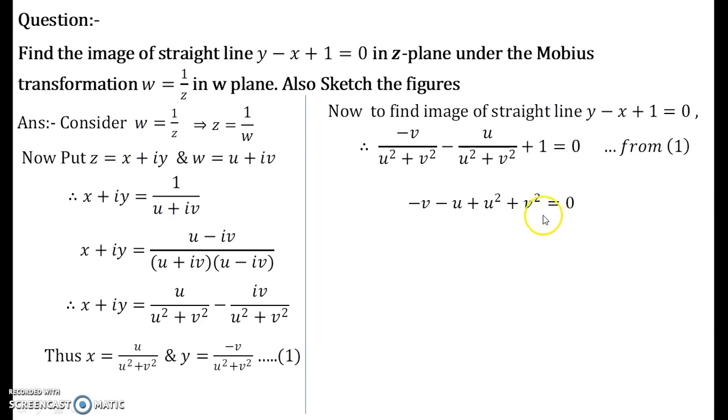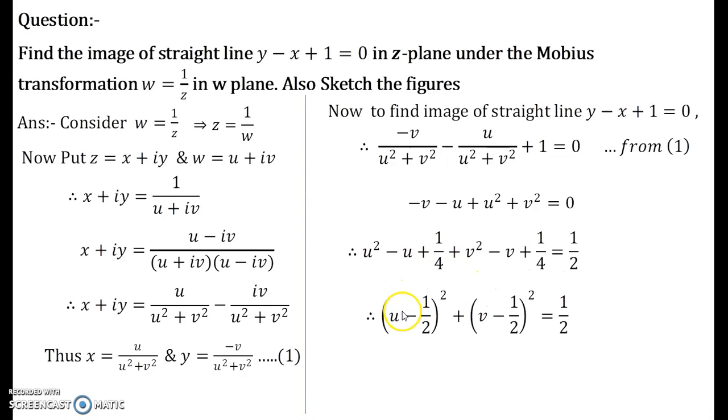So let us find the center as well as the radius. I am going to complete the square of u square minus u and v square minus v. So on completing the square, I get u square minus u plus 1 by 4 plus v square minus v plus 1 by 4 equal to half. Thus, what I get is u minus half the whole square plus v minus half the whole square equals half.